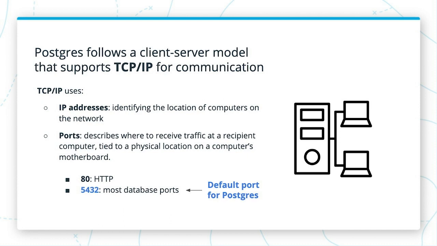In the context of a computer, a port is tied to some physical location that exists on the computer's motherboard. Ports are numbered, and different ports tend to serve different types of traffic, and they're designed and optimized for different types of traffic. Two really important port numbers to know are port 80 and port 5432.